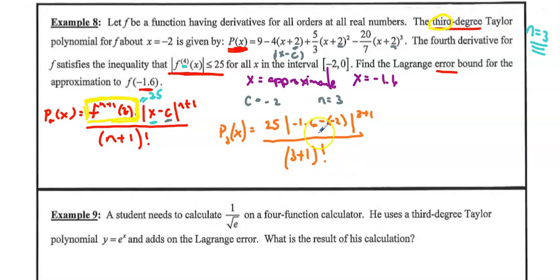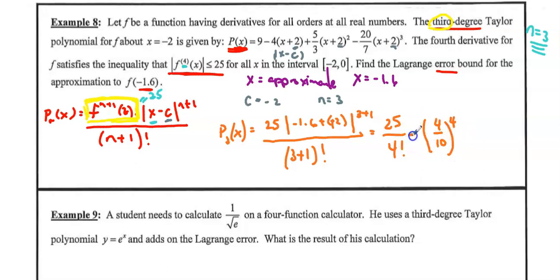That's the general idea of what we have to do for this. So we can simplify this a little bit more. It's really just going to be 25 over 4 factorial, and then -1.6 plus 2 is basically going to be 0.4, which is really just 4 over 10, to the 4th power.